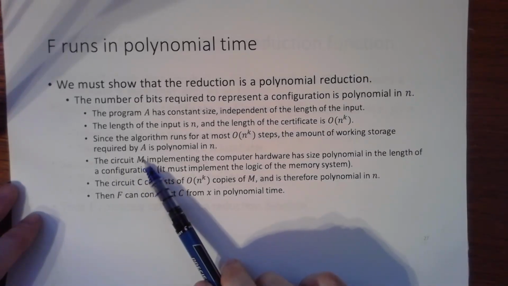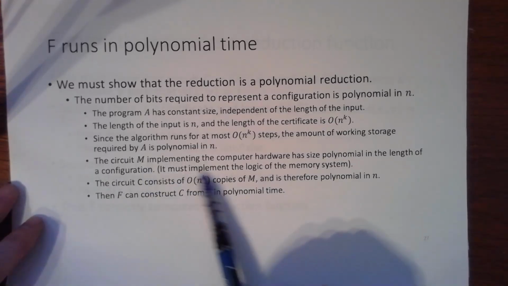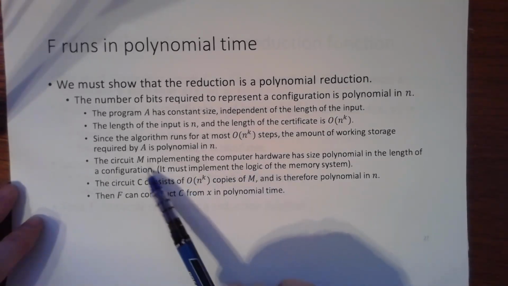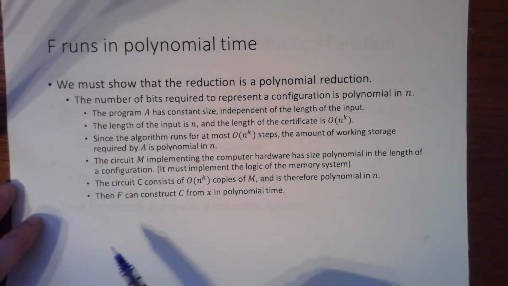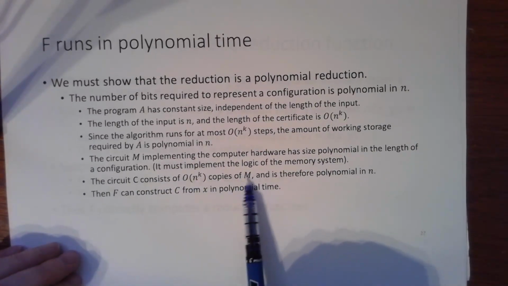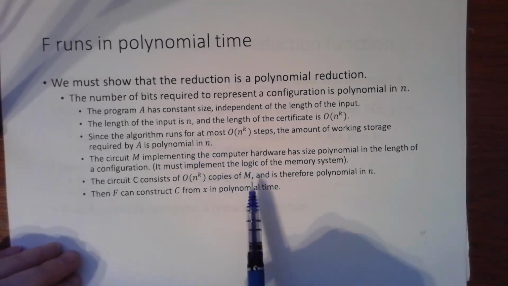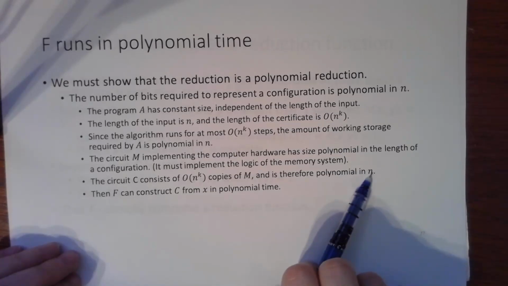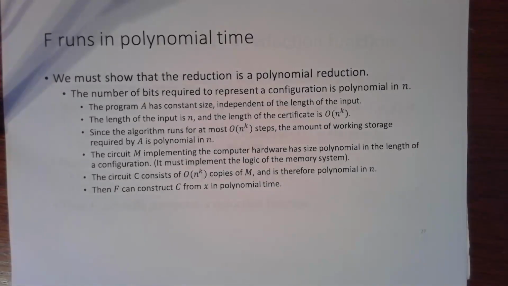There are certainly a constant number of and or gates for implementing the processor part of the machine, but the memory has to be based on the input size or the configuration. So that's why it's polynomial in the length of the configuration. And we know that we have a polynomial number of copies of that machinery. So we've got a polynomial times a polynomial, which is another polynomial. It will be polynomial in n as well. So we can indeed construct that circuit in polynomial time.